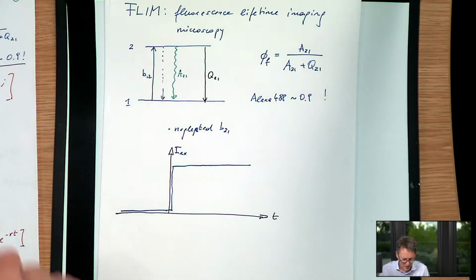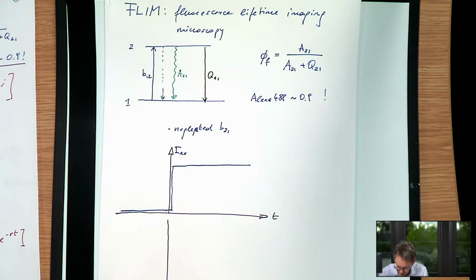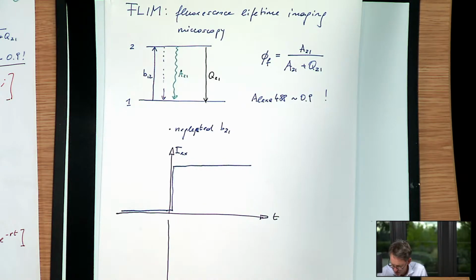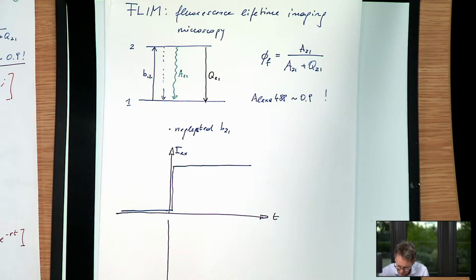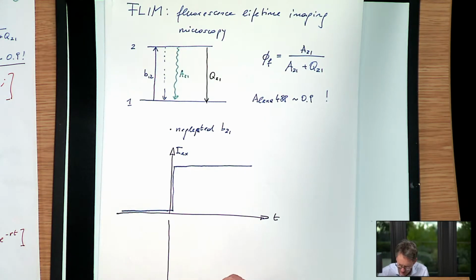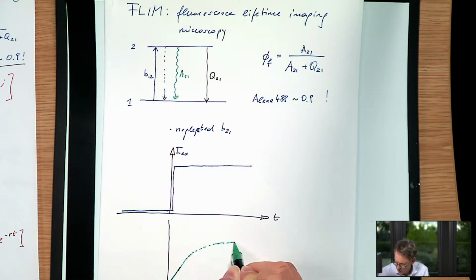And we already know from the last lecture what we get is this. The population for level N2 will be 0 initially, then the laser switches on. We first get a linear rise of the population, and then it will fold over to reach steady state.